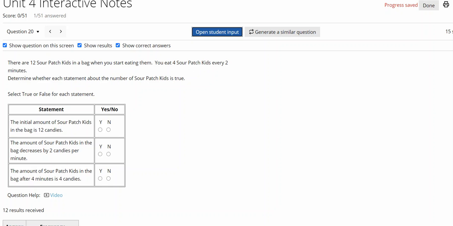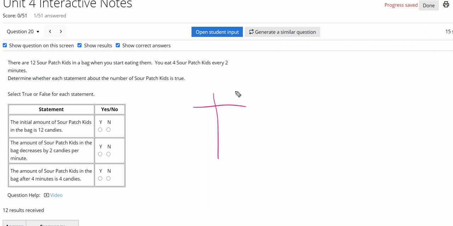All right, so let's make a little table here to get our bearings. If we made a table like we had above, this time it's going to be the number of Sour Patch Kids, our candy. That'll be our output.